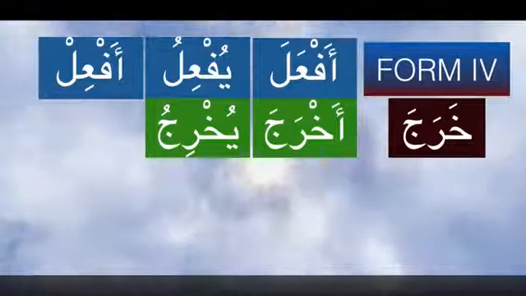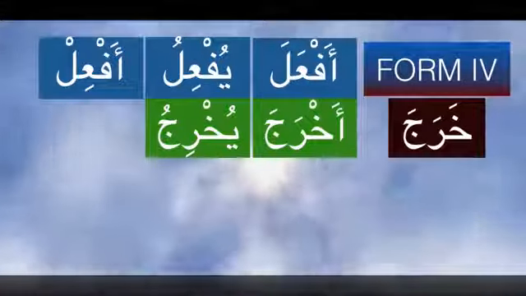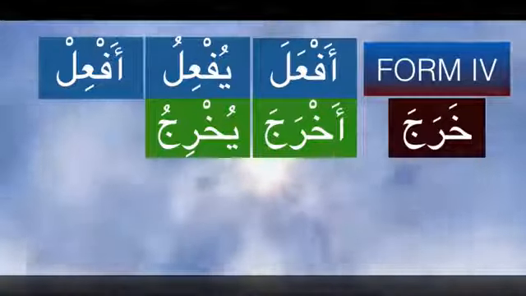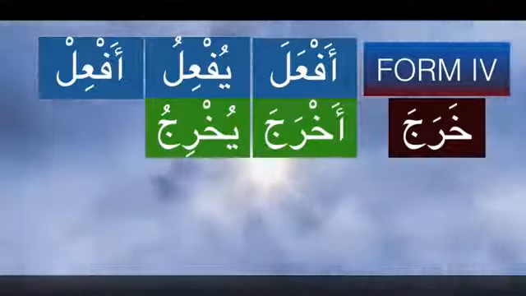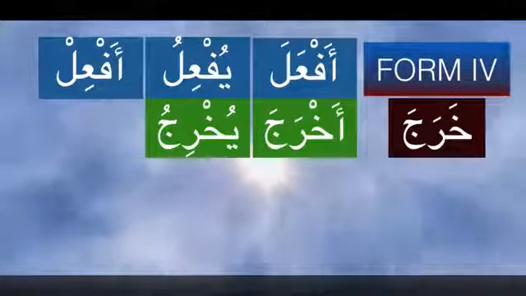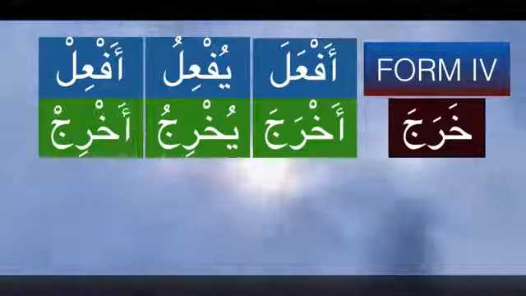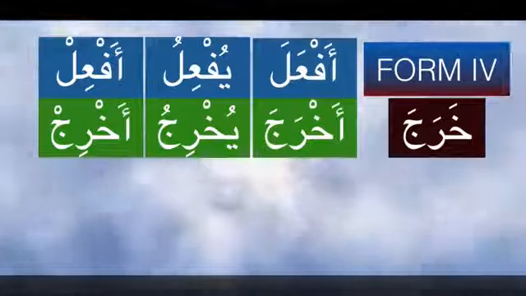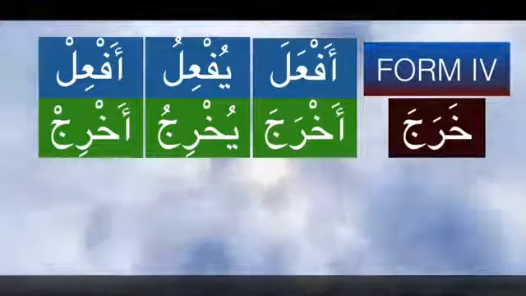Yukhriju. Originally yukhriju, but obviously its hamzatul qata is dropped, so it is yukhriju. He is taking something out. And how do we make the amr? It will be akhrij. Take something out. Akhrij.